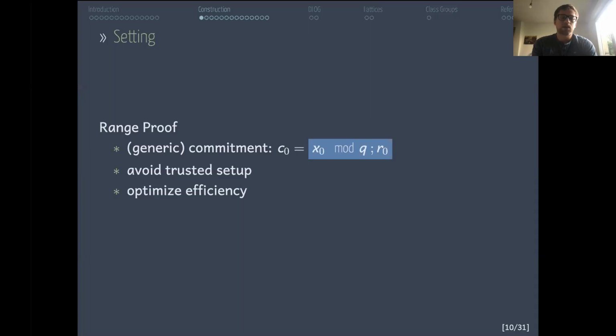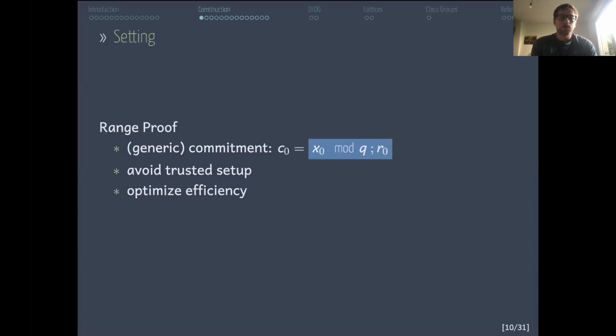X0 is mod Q, so we need an integer representation for this. So we just represent the integers mod Q via minus Q half to positive Q half. And then we want to show that X0 is, for example, in the interval [0, 8].